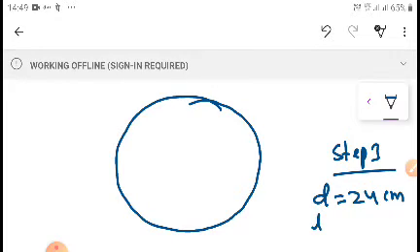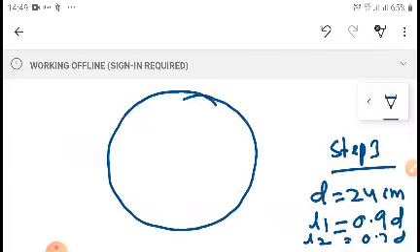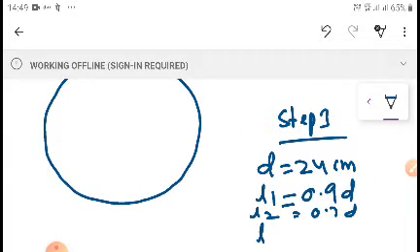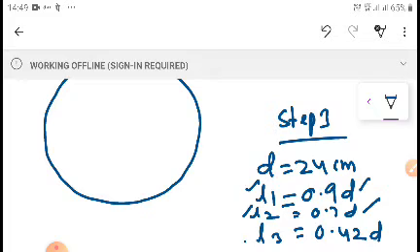Then you find L1, L2, L3. L1 is equal to 0.9D, L2 is 0.7D, and L3 is 0.42D. So by substituting the D in this case, we get L1, L2, L3.